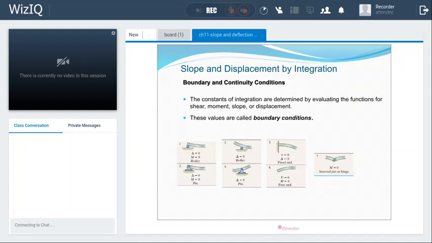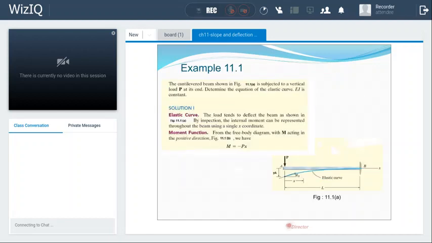Now we go ahead and see how these boundary conditions can be applied to find slope and deflection of the beam by using integration. We will solve this example, which is taken from R.C. Hibbeler Structural Analysis book, and you will see here this is a cantilever.